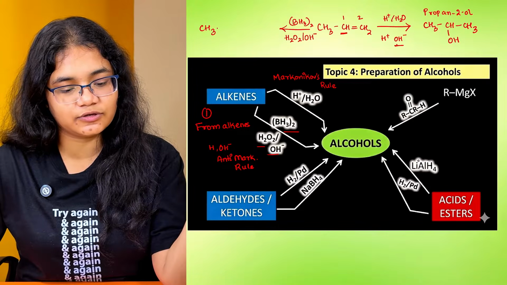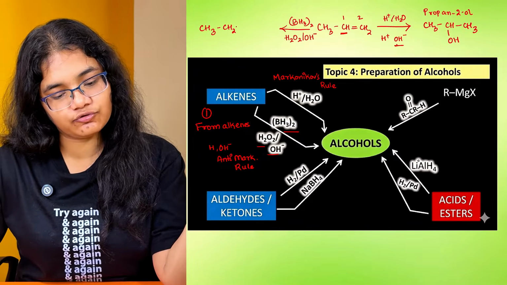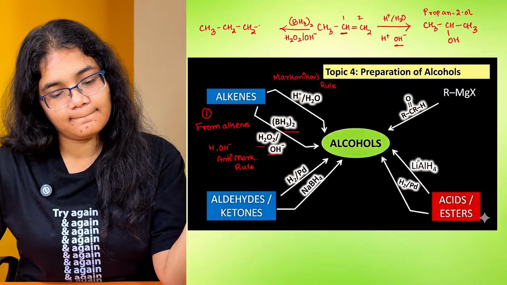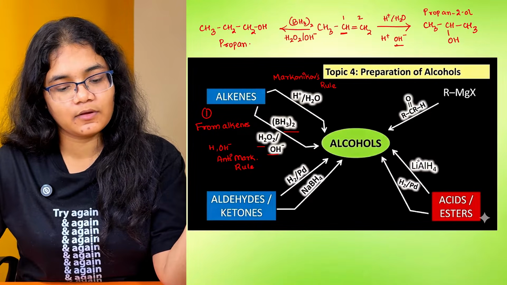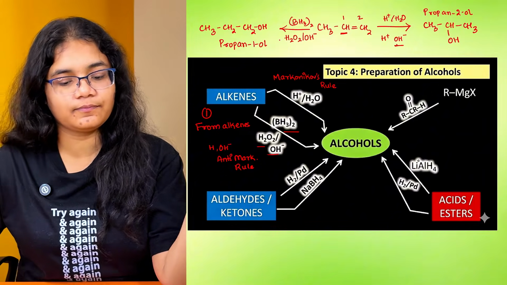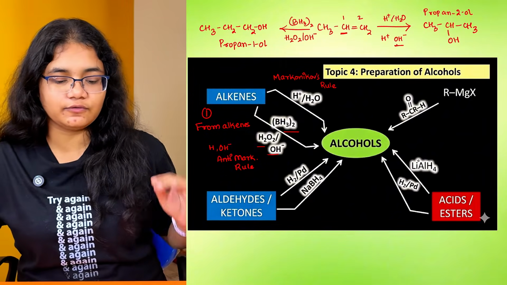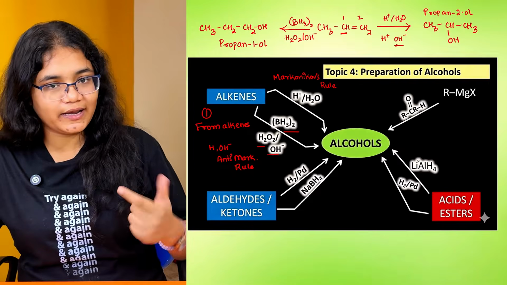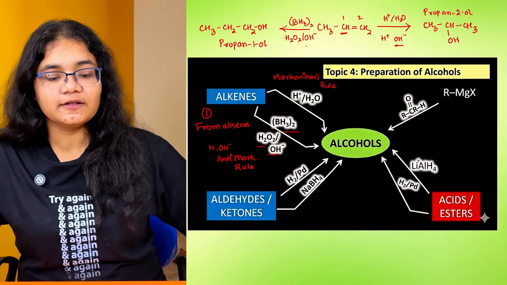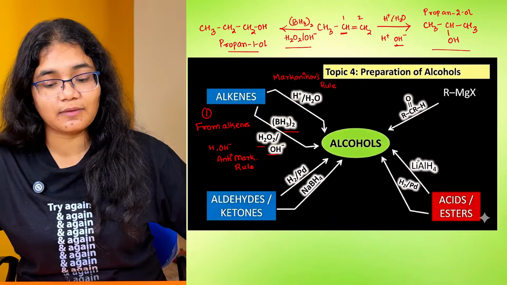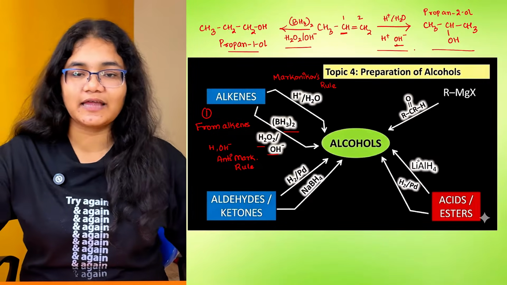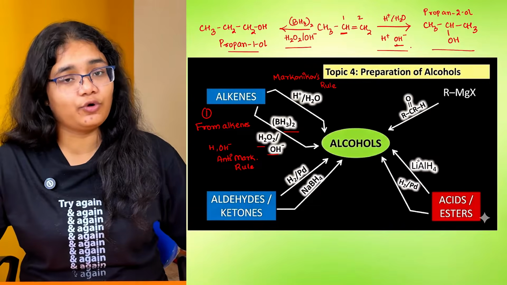So I have CH3 CH2 CH2OH, which is propan-1-ol. So now you can see that you will get one propan-2-ol and another propan-1-ol. So this is anti-Markovnikov addition under hydroboration and oxidation, and this is Markovnikov addition using H plus and water, or acid catalyzed addition of water.